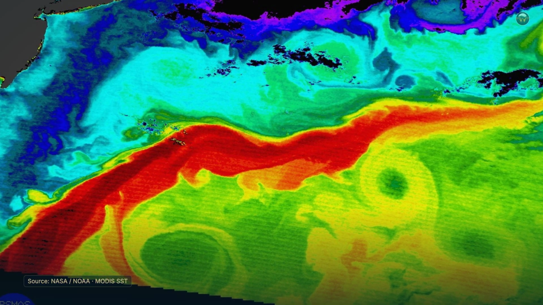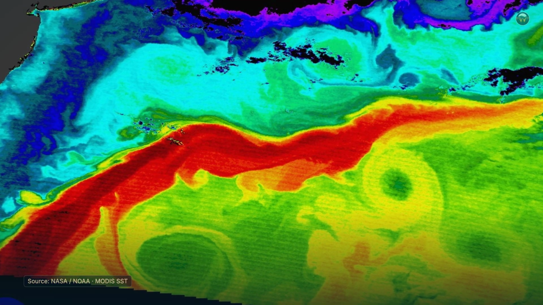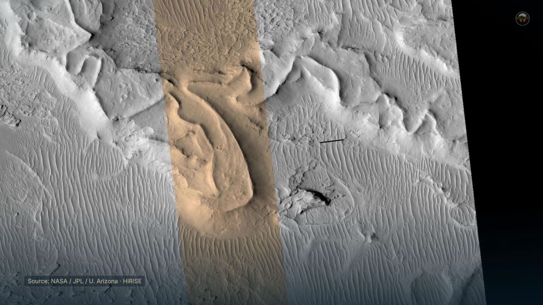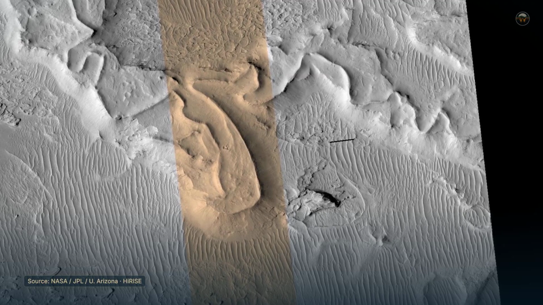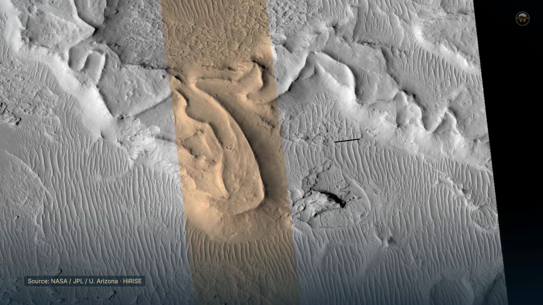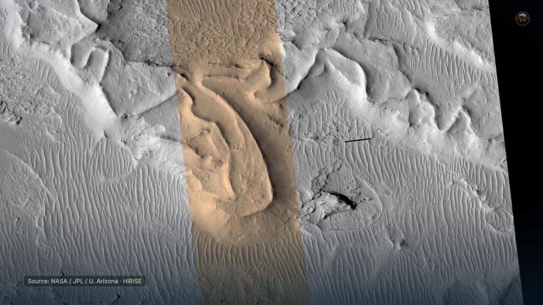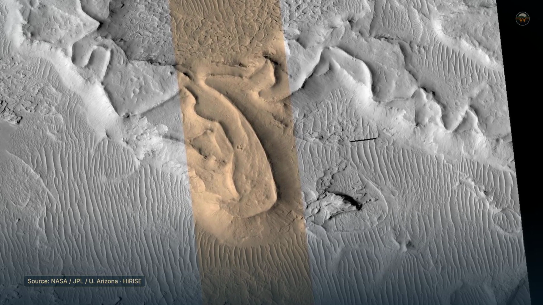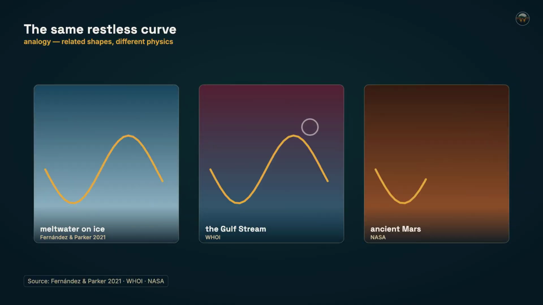Out in the open Atlantic, the Gulf Stream, a river of warm water with no banks whatsoever, swings into vast meanders and pinches off spinning rings, exactly like oxbows. And on Mars, spacecraft have photographed the dry, sculpted channels of rivers that vanished billions of years ago, still frozen mid-meander. Different worlds, different stuff, the same restless curve. Because meandering was never really about the mud. It's about what moving water does when it's finally free to wander.